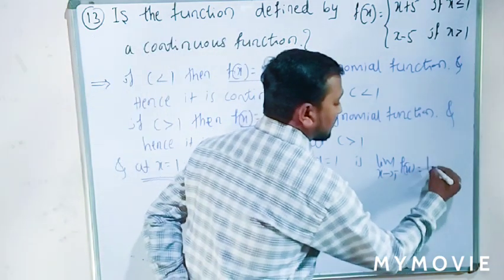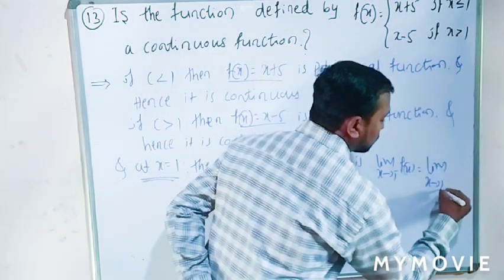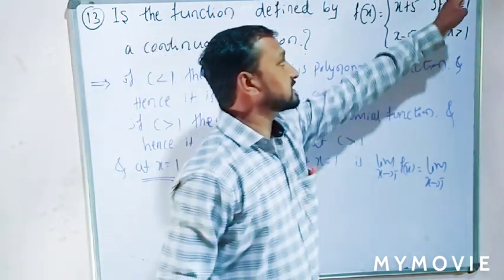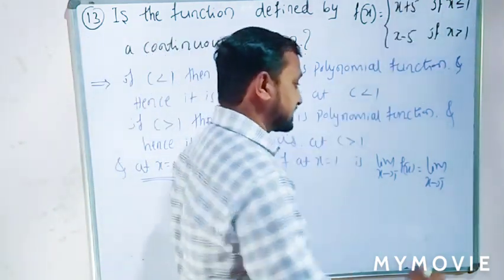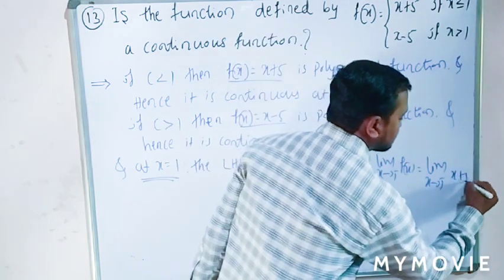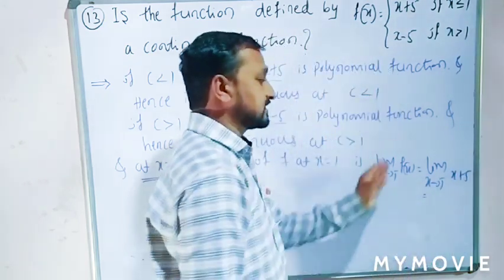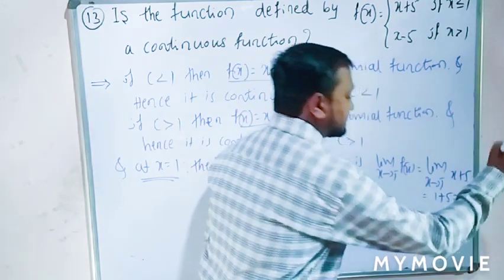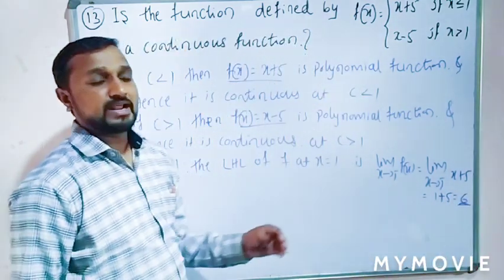What is your f of x corresponding to LHL? The less than quantity should be x plus 5. So x plus 5, put x tends to 1, we get 1 plus 5 is equal to 6. 6 is your value of the left hand limit.